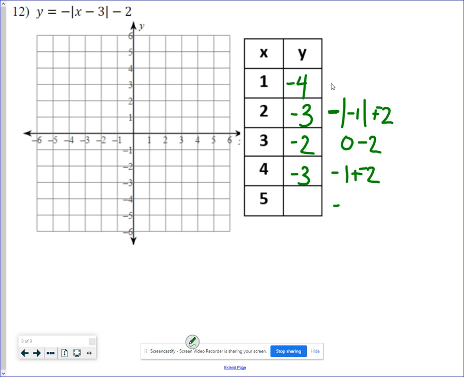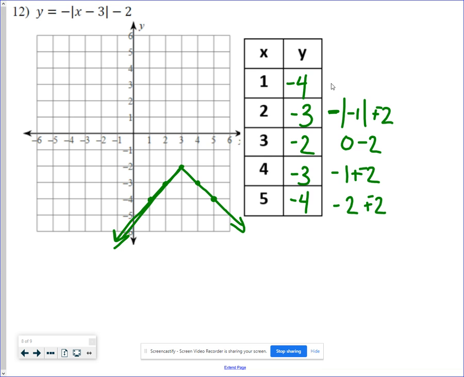The absolute value of that is going to be 2. So I had the -2, and then -2 is going to be -4. So (1, -4), (2, -3), (3, -2), (4, -3), and (5, -4). Oh, I got a little off track there.